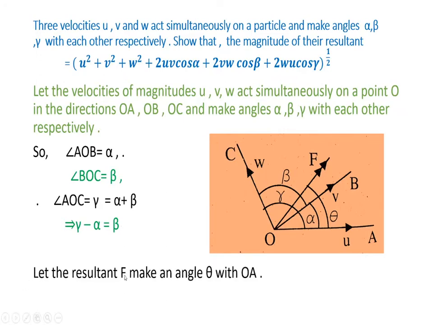Let the resultant F make an angle theta with OA. Here F is the resultant, making angle theta with u.